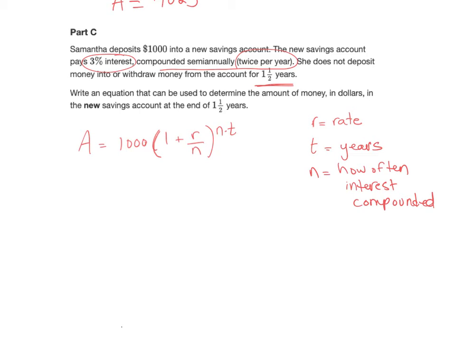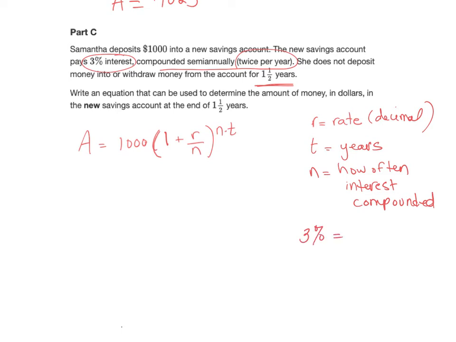which is what I have rewritten here. It's the original $1,000 times 1 plus R divided by N, to the N times T power. Okay, so when they want us to write the equation, they want us to fill in the information. So remember, R is rate as a decimal. So we need to convert that 3% into a decimal.